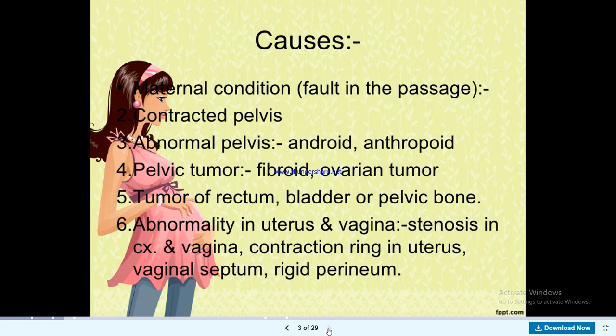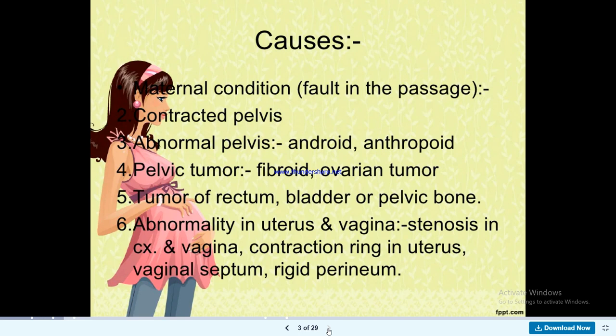Maternal condition. Causes. When we say causes about the maternal conditions, that is the fault in the passage. When we talk about the labor, there are 3 P's: passage, passenger and power. So as far as the maternal condition is concerned, there is fault in the birth canal. Number 2, contracted pelvis. Number 3, abnormal pelvis, that is android, anthropoid.